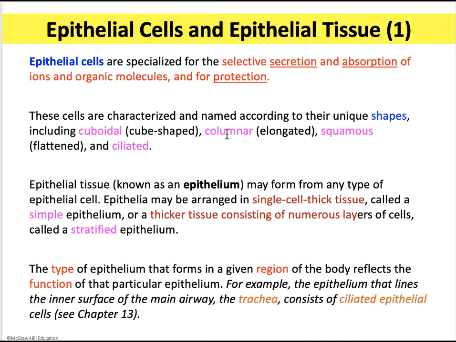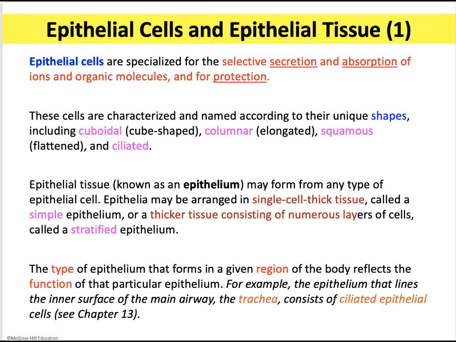Some of them are longer than they are wider, and those are called columnar, elongated. And some of them are very short in height, but very squat, and those are called flattened or squamous. And some specialized locations contain tiny little hairs projecting from the surface of the cell itself, and those are called ciliated. So 1, 2, 3, 4 types of epithelial cells in terms of their shape have to be identified.